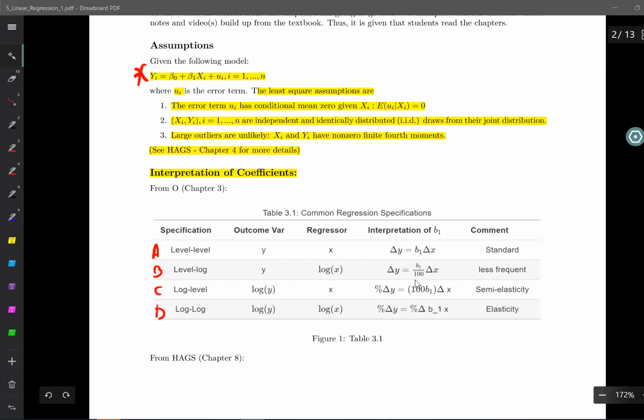The last part of this first video for this topic is about interpretation of coefficients, and students typically struggle with this. So first, we need to understand, if I give you the model that you see at the top, this is what is called a level model, because neither x nor y have been transformed. And for a level model, your interpretation of the coefficient, and by the way, I'm going to clarify, b sub 1 really in econometrics is beta 1 hat.